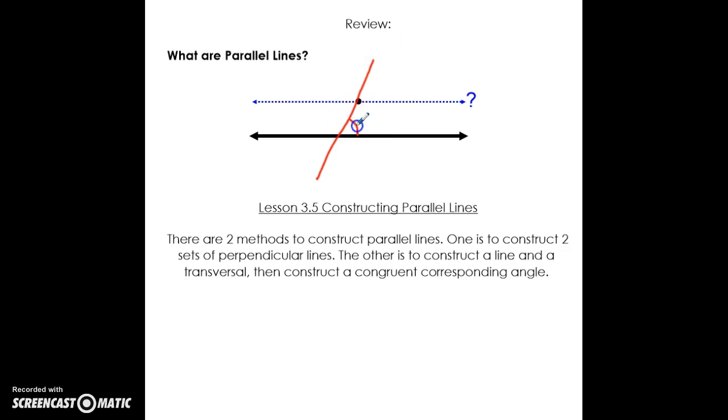You're going to have some sort of angle measurement here, and you're going to duplicate that angle measurement right here, and where you find your arc mark for the intersect, you'd be able to create that parallel line. So that would be for corresponding angles. So we're going to do each kind.